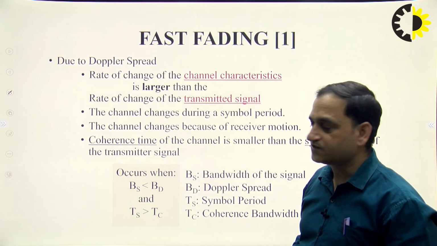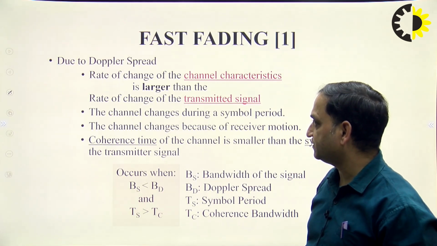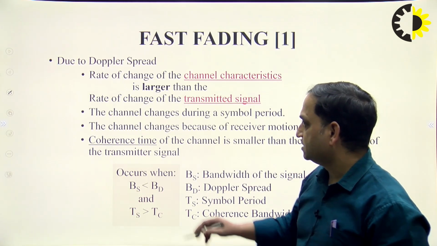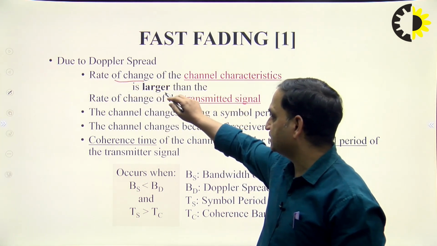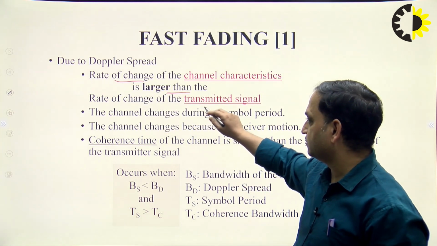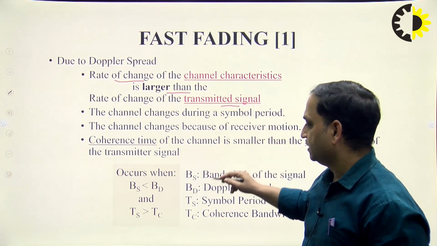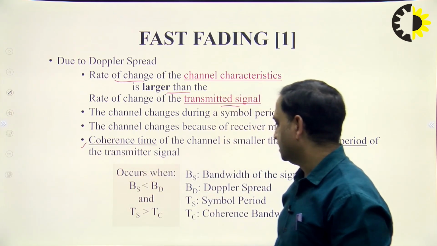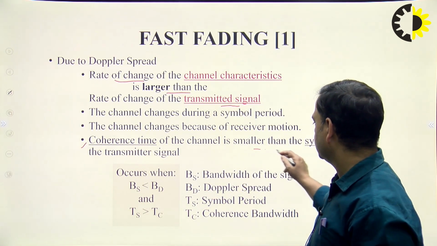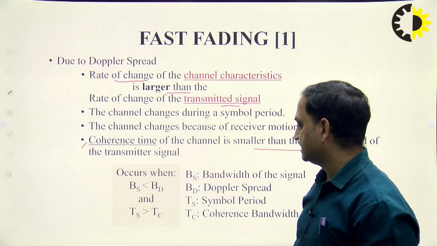Okay. Fast fading is based on the Doppler shift, and this occurs due to the rate of change of the channel characteristics being larger than the rate of the transmitted signal. I have also mentioned the coherence time, which is smaller than the symbol period of the transmitted signal.